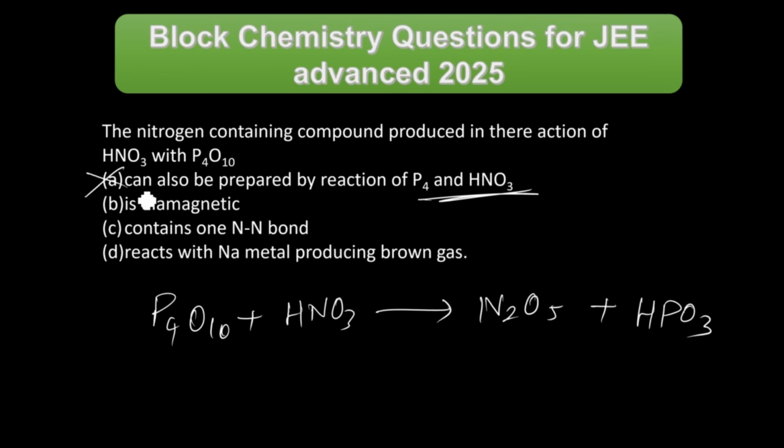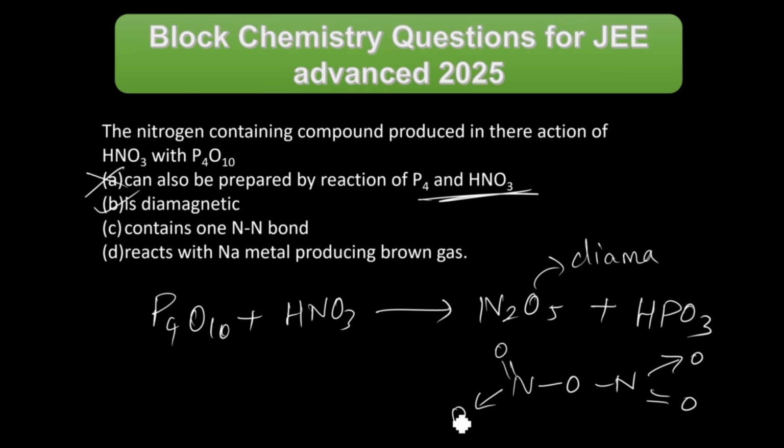So this is not our answer, and N2O5 is diamagnetic. It's diamagnetic, and contains one N-N bond. So how this will look like is O2N-O-NO2, with the coordinate bond to another O. So this is not having any N-N bond.